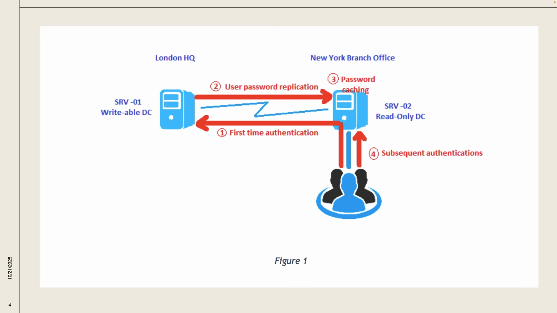For that, we can plan to deploy read-only domain controllers in this new branch office. This can be your on-premises data center or it can be any cloud site, whether Azure or any third-party cloud you are using.